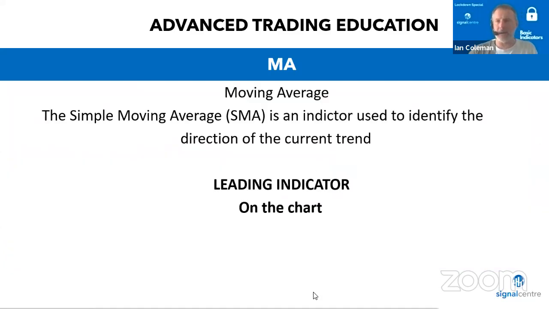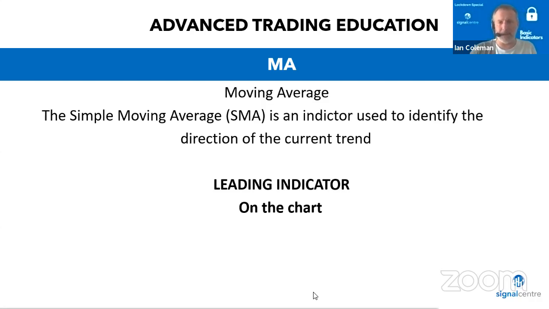MA, moving average. There's simple moving average, exponential moving average, weighted moving average. Again, that's probably a complete webinar subject, a long webinar subject just on its own. But today, we're just going to talk about the simple moving average. It's used in its rawest form to identify the direction of the current trend.